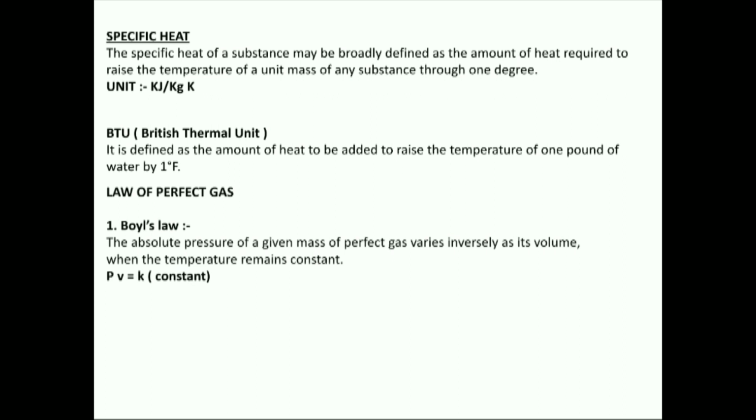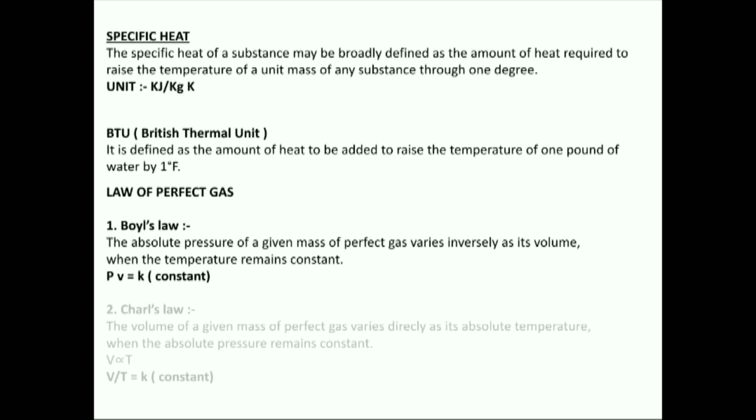Law of perfect gas. 1. Boyle's law. The absolute pressure of a given mass of perfect gas varies inversely as its volume when the temperature remains constant. PV equals K constant. 2. Charles' law.